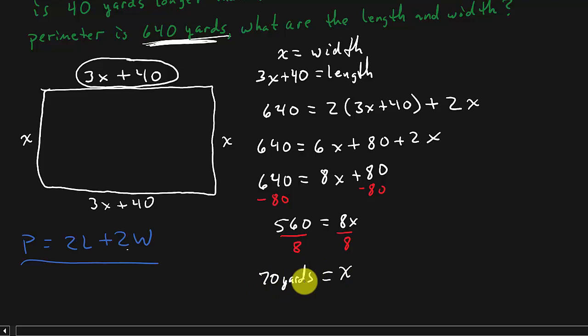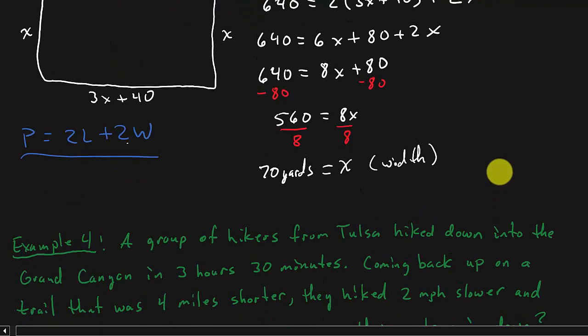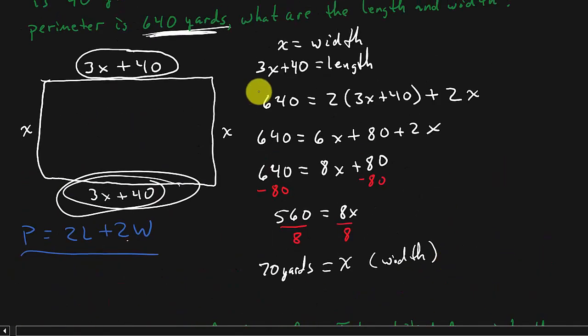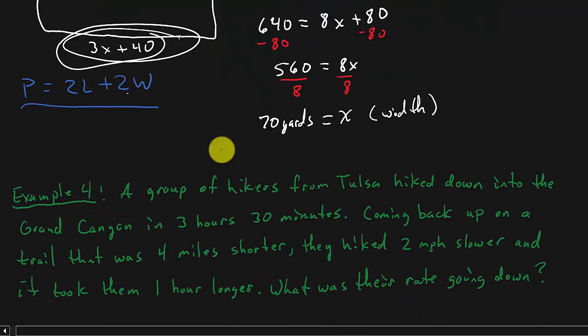That's x. This is the width, right? Now, what's the length? Well, we got it written here, the length is 3x plus 40. So let's see. 3x plus 40 is equal to 3 times, well, what is x?